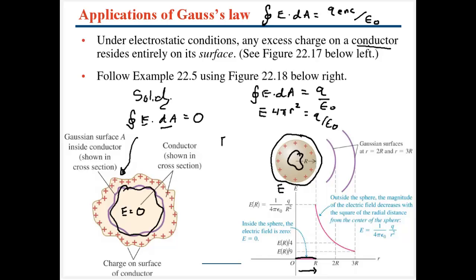What we're left with at the end of the day is that the electric field is Q divided by 4 pi epsilon naught r squared, which looks a lot like something that we would have derived in the last chapter, kQ over r squared.